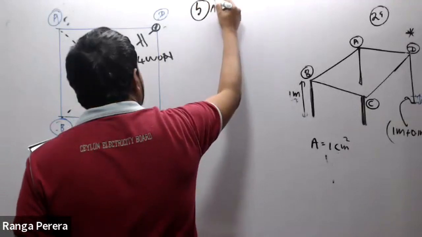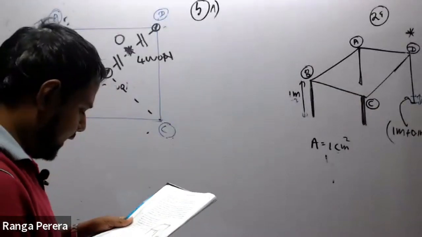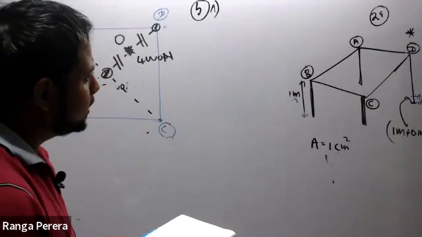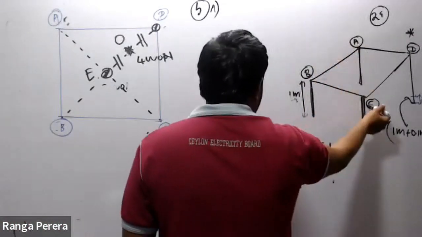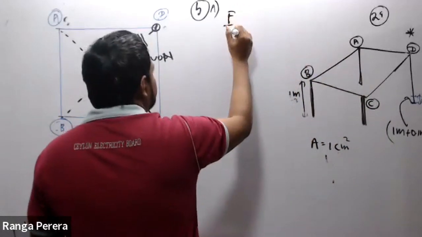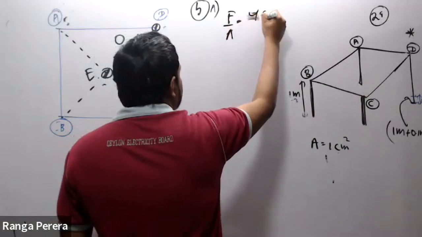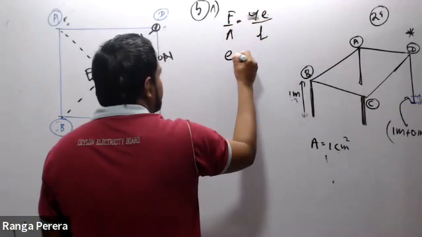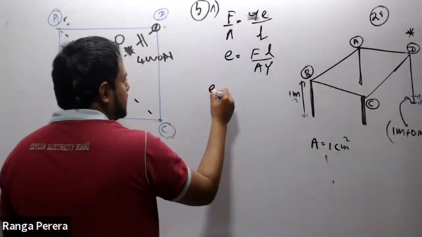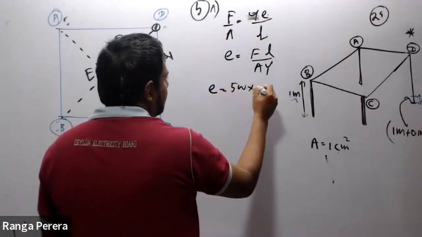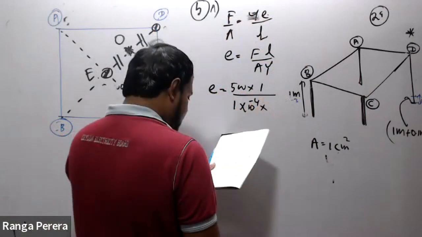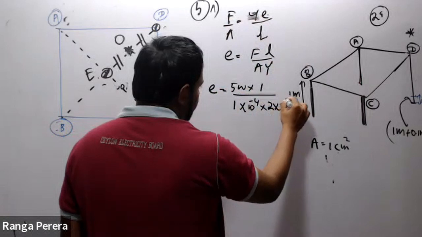In part A, they ask one question: find the decrease in length of each leg. Let's say leg A or B or C. You can take whichever leg you like out of these three. Let's find it. The formula is delta L equals F L over A Y. Here F equals 500, length is 1 meter, cross section is 10 to the power -4, and the Young's modulus is also given as 2 times 10 to the power 11.